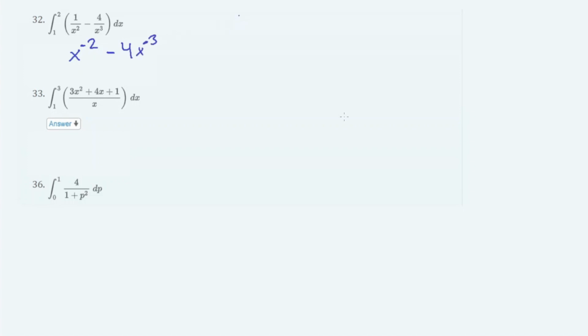So if we were to integrate it, we would add 1 to the exponent for the first one, which would be x to the negative 1 power divided by negative 1. And then we have minus x to the negative 2 power times 4 divided by negative 2, in which both of these would be positive.